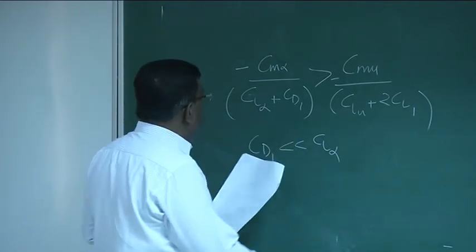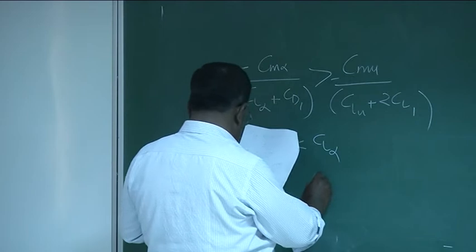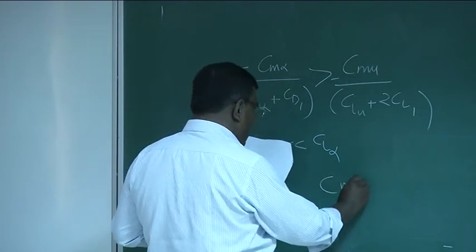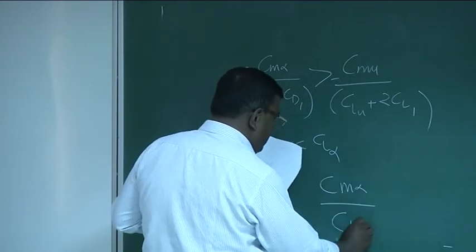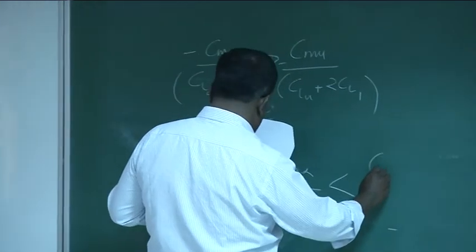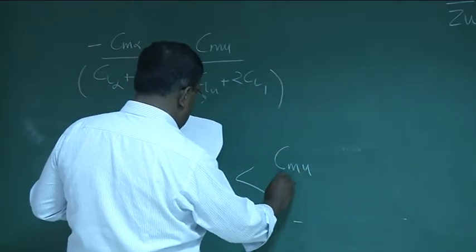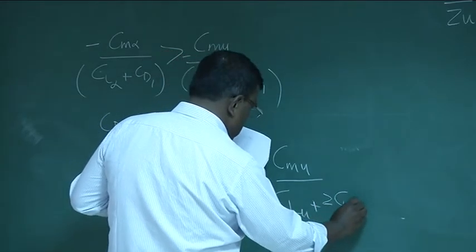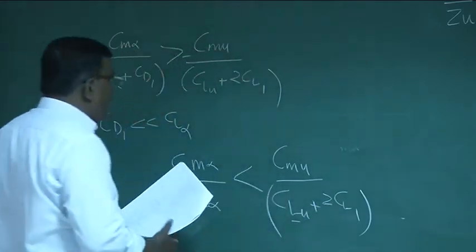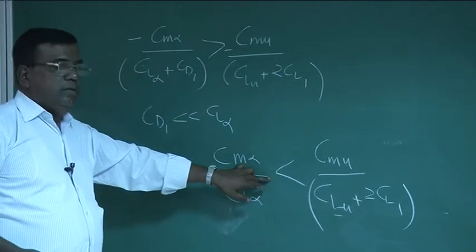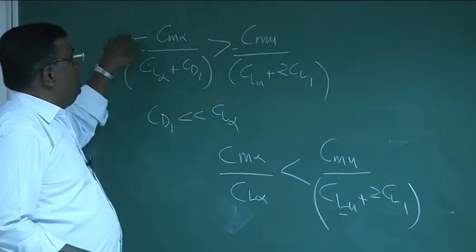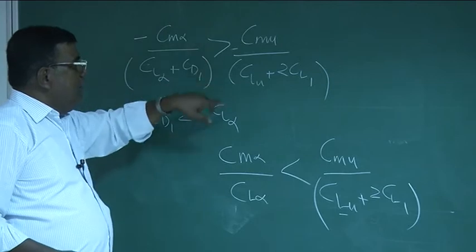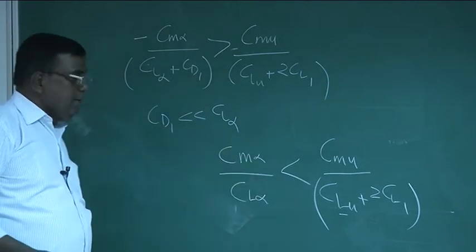Then we get CM alpha by CL alpha less than CMU by CLU plus 2 CL1. You could see the sign has changed to less than because of the minus sign; when I multiply by minus on both sides, naturally this becomes this.